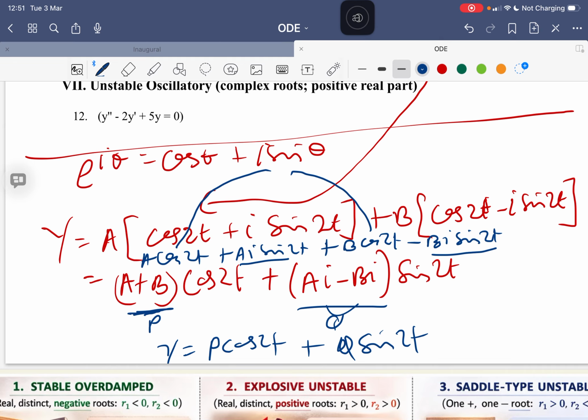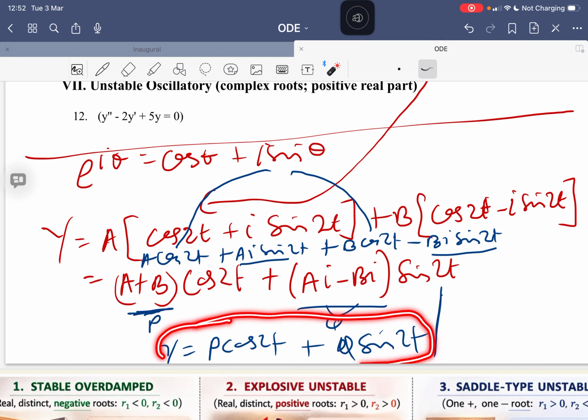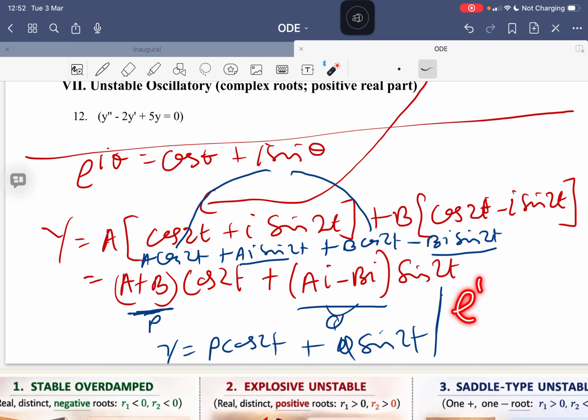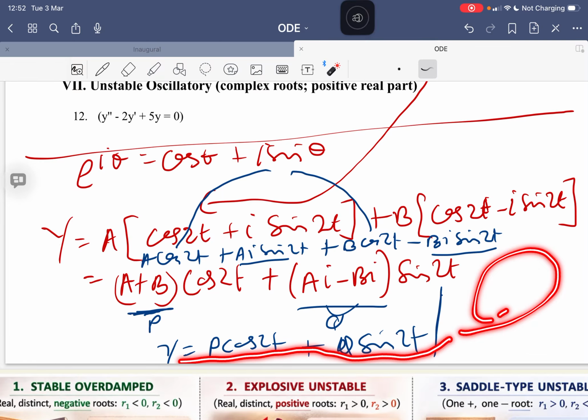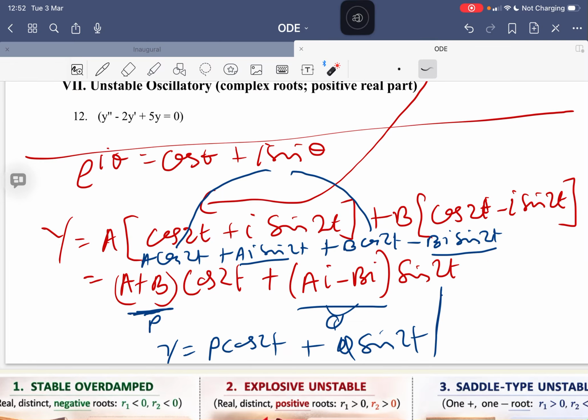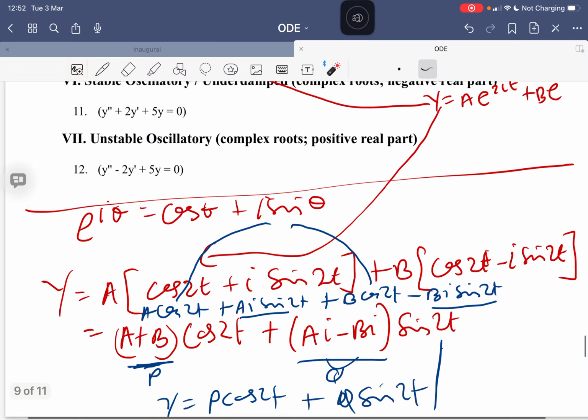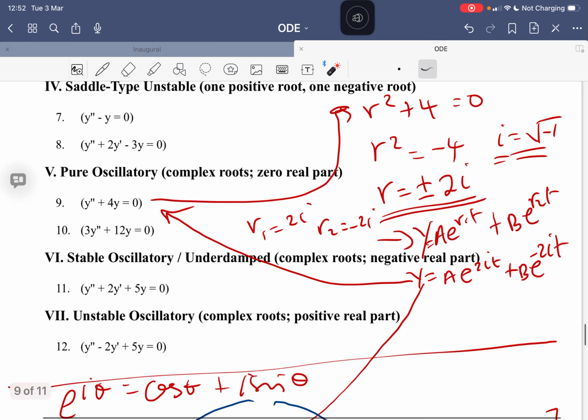So anytime I have a complex number, I can just go ahead and put cos and sin to replace my complex exponential, whatever it is. Instead of that, I will write sine and cosine.